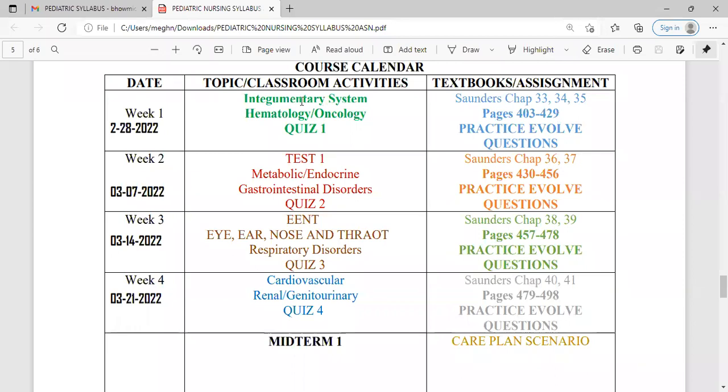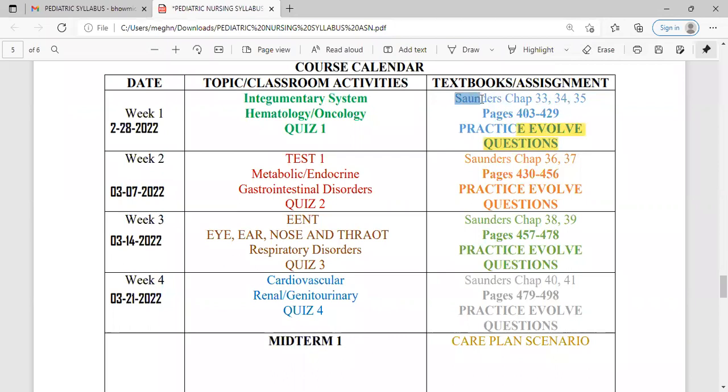When you've done these 3 chapters' PowerPoint, and you've read these chapters from the Saunders book, we will do the practice questions from Evolve. Practice questions from Evolve, I said. What is Evolve?